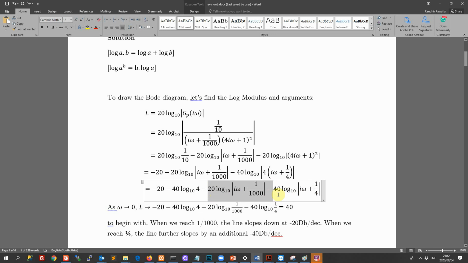So we are expecting to see minus 60. We'll start to see minus 60 decibels per decade just after 1 over 4. So that's already enough information to plot out our log modulus part of the Bode diagram.